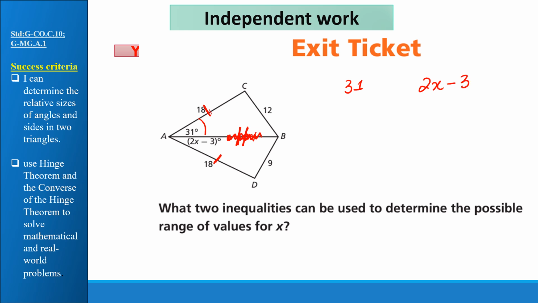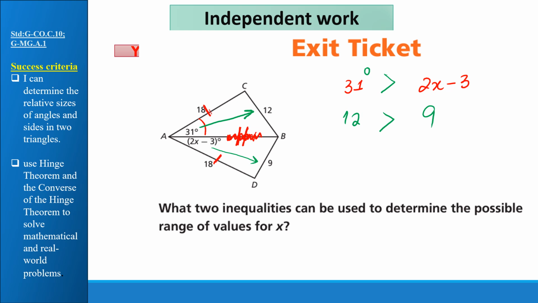Now in order to compare this, we have to see what is opposite to them. Opposite to 31, the side measurement is 12, and opposite to 2x minus 3, the measurement of the side is 9. So 12 is bigger than 9. That's why 31 is bigger than 2x minus 3.